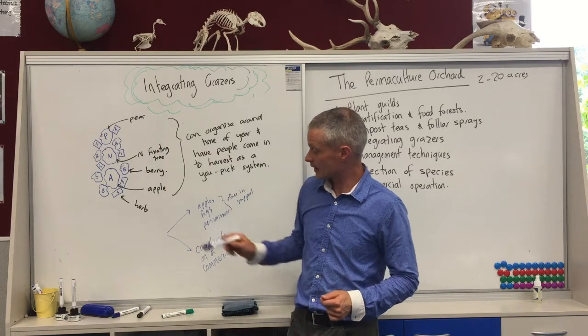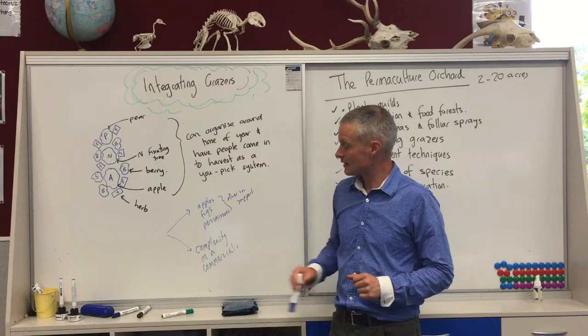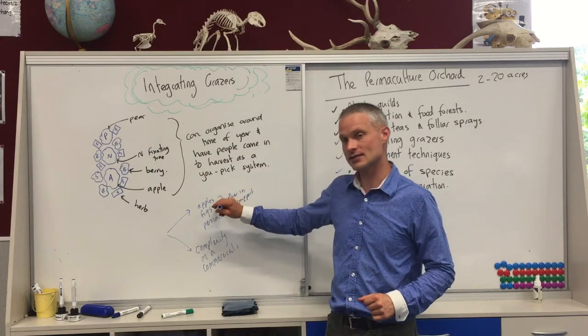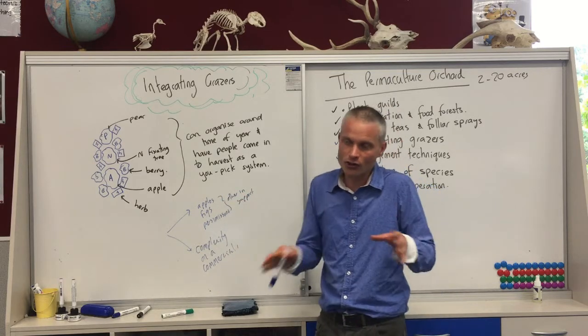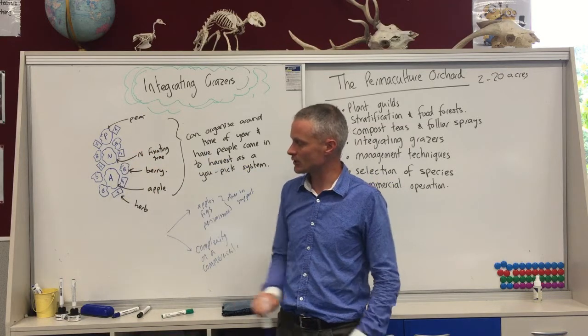So yeah, it's kind of thinking about how I'm going to manage it with grazers, what kind of way I'm going to go, whether it's a real focused system on a particular production, or whether it's more complex but organized around time of year, and then the design and the layout of those species.